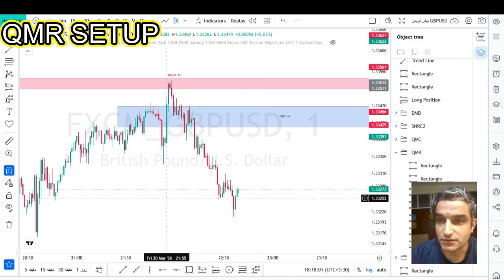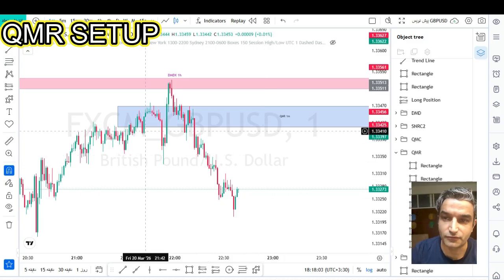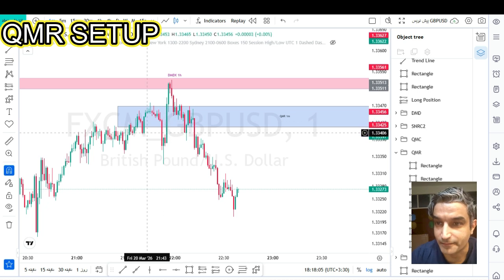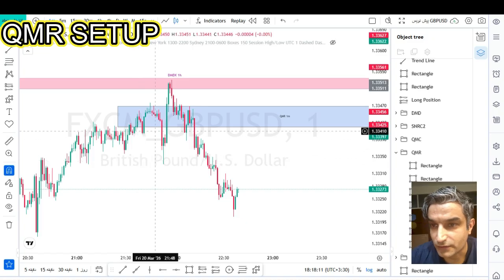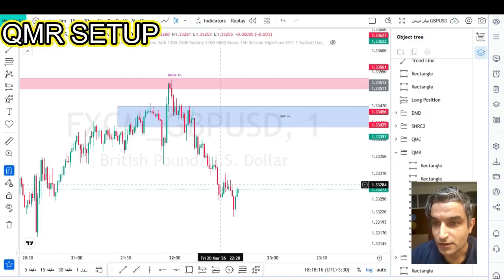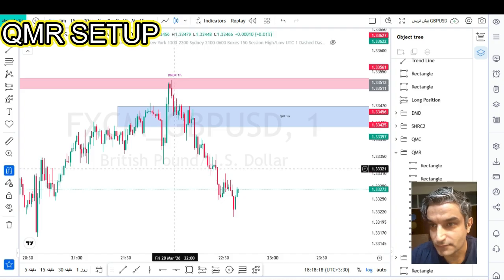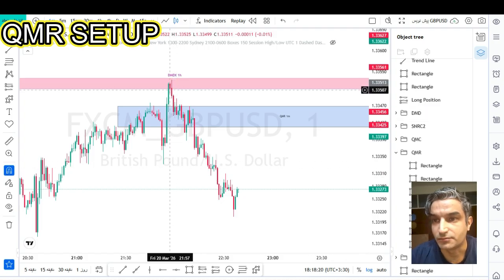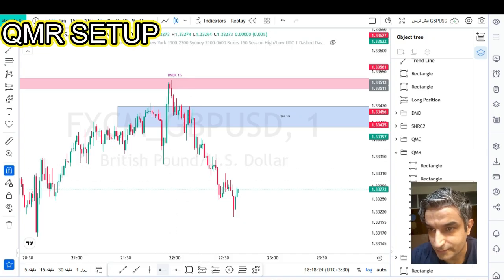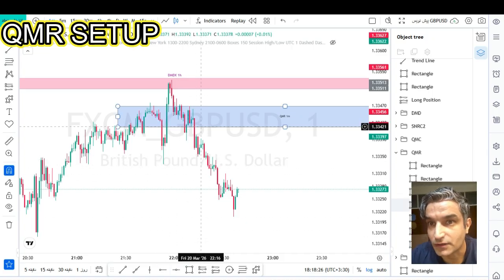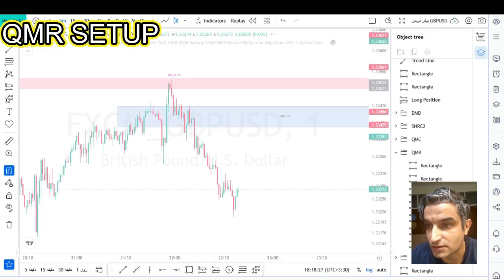I said this because it's not very easy to find the QMR because it has many different shapes. One of them is here. We have a high, low, higher high, lower low, and because it touched POI, and let's see, it has an engulfing candle as a confirmation.